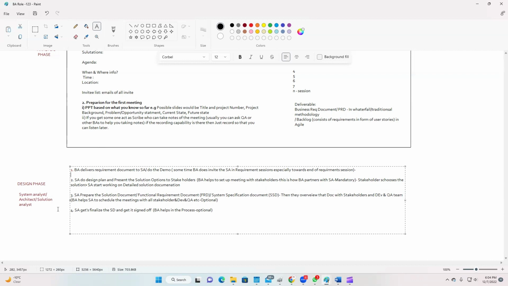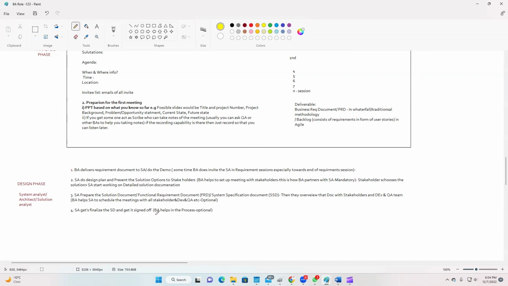Okay, but we wanted to basically see the role of the BA in the design phase. So this is basically the role of a BA during the design phase.